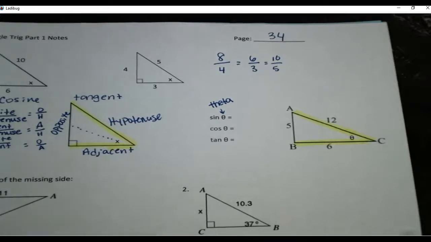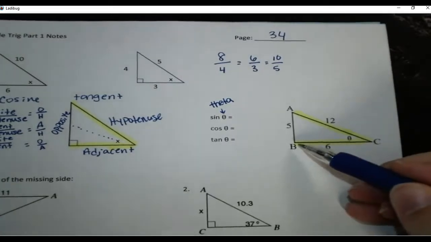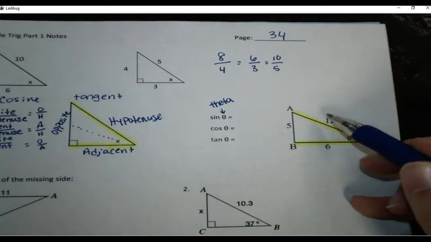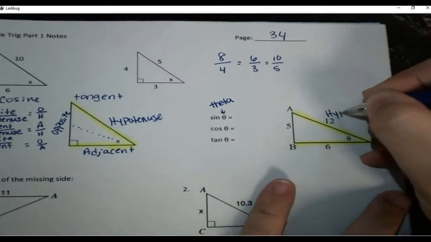Okay, so step 1, we highlight. Any questions about highlighting? Which one we highlight? Okay, step 2, we label the triangle. So B is our right angle. Across from it, our longest side is the hypotenuse.